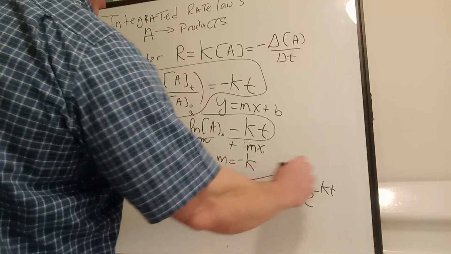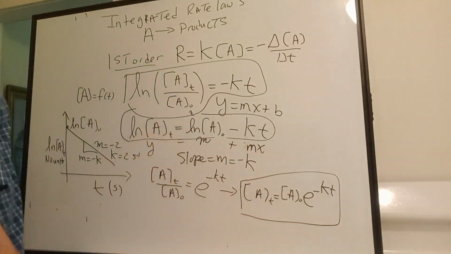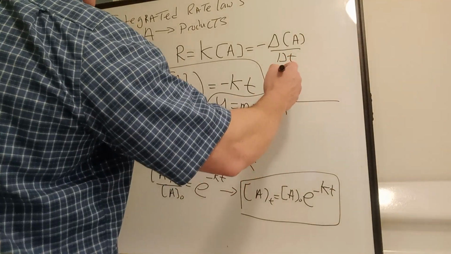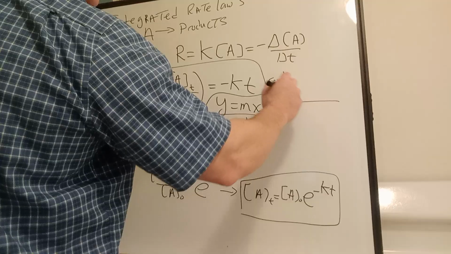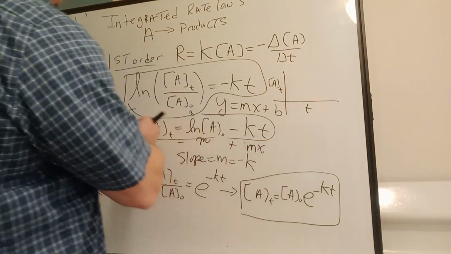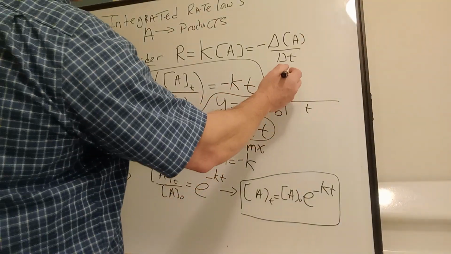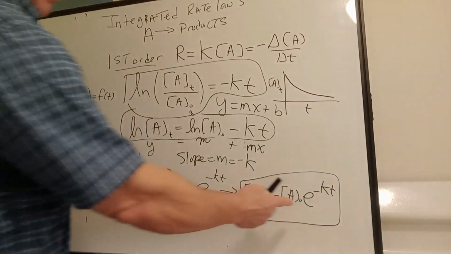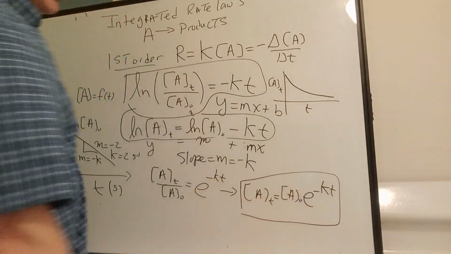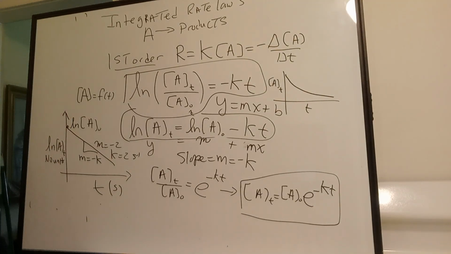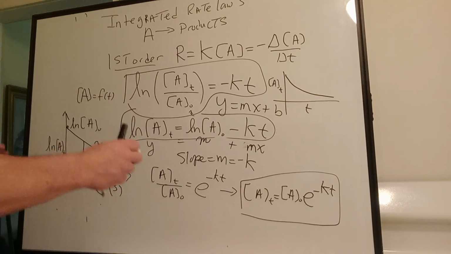And so this would explain why when you make a plot of the concentration of A_t versus time, and you do not plot it logarithmically, you plot the concentration itself, it has this exponential decay type behavior because you have this exponential function. And so that's useful. So I'll let you get a good look at that. That is first order behavior in terms of the math.